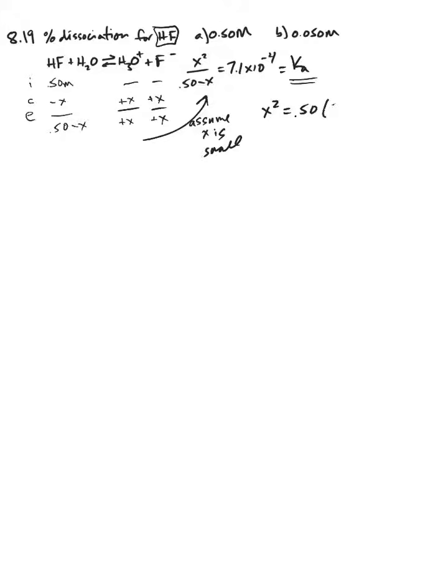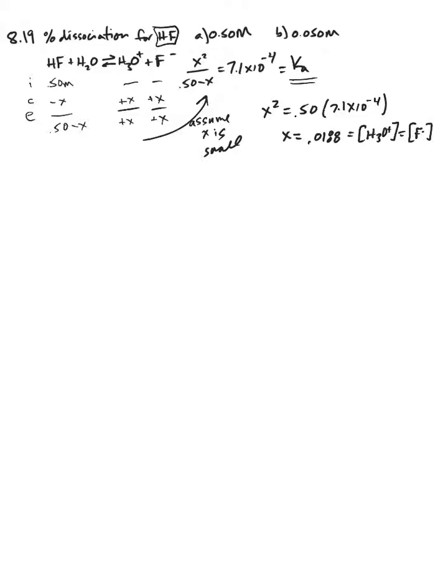Don't want that. Ka is 7.1 times 10 to the minus 4. And solving for x, I get 0.0188 for the concentration of the H3O plus and the concentration of the fluoride. That's what our x is.